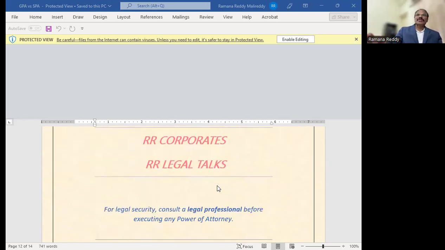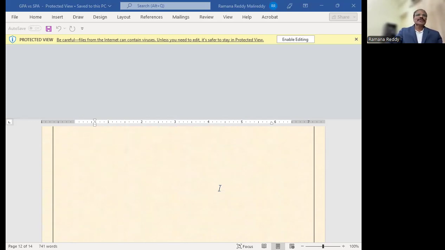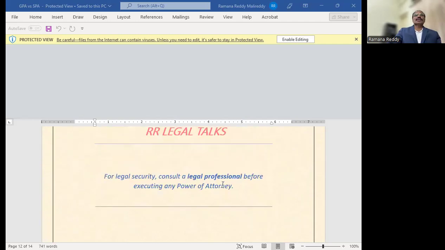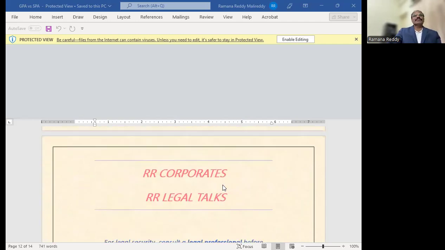For legal security, consult a legal professional if you have any doubt. Before executing any power of attorney, it is better to take legal opinion, legal suggestion and legal drafting. I think you are very clear. I made it very simple and explained in detail.